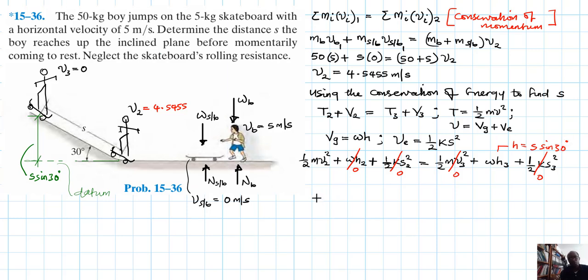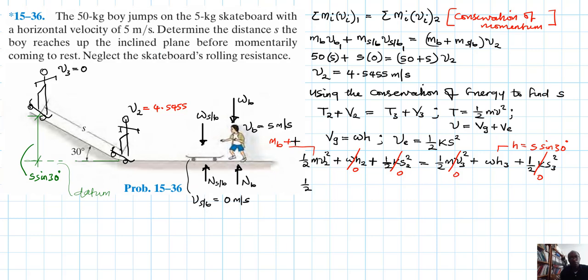Replacing the values, we'll have half of our m here, and this m is m_B plus m_SB.